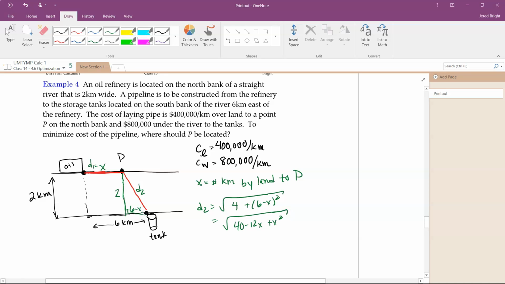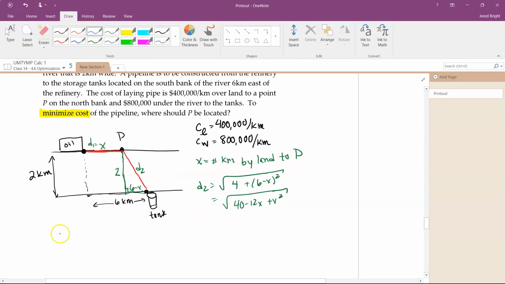Now I'm wondering, I've done a bunch of work, but what am I actually supposed to do? I want to minimize the cost, so I need an equation for cost. It's going to be some amount related to D1, and then some amount related to D2. This is where I have the 400,000 and 800,000.